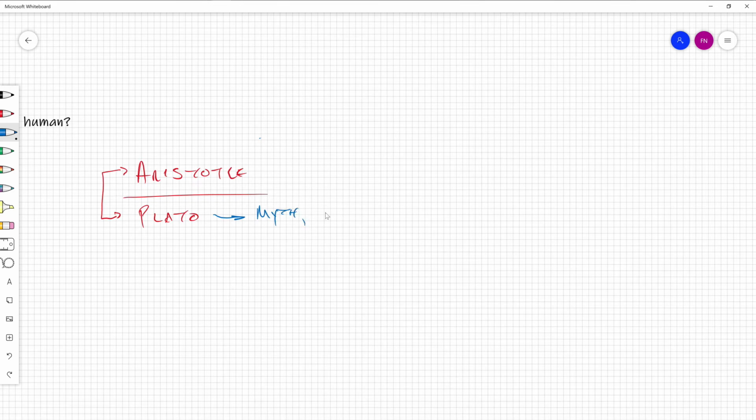And he resorted to mythological references to a kind of poetic, intuitive view of the world. We see this repeatedly throughout the Platonic corpus.